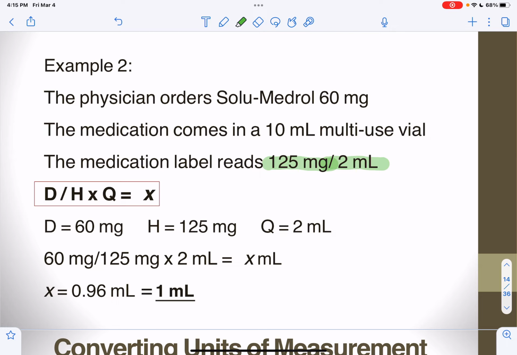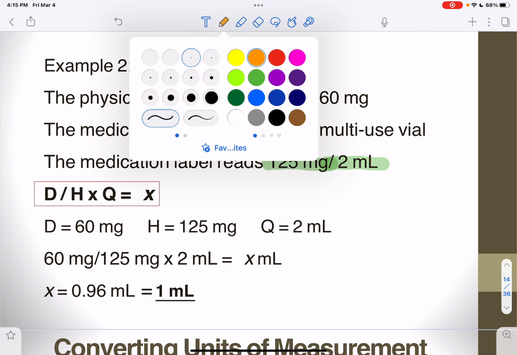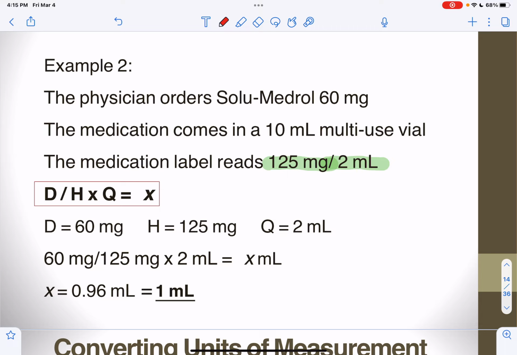Okay, so our dose ordered is 60 milligrams. We're going to put that over what we have on hand, which is 125 milligrams, and we're going to multiply that by the quantity, which is 2 milliliters. Okay?